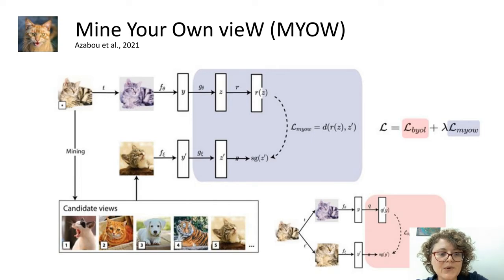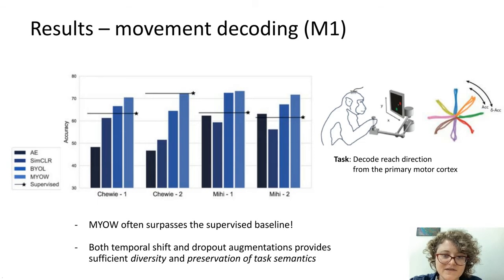Okay, so that's the overview of this general approach for self-supervised learning. And now I will dig into the results and the application of this idea in two different settings in neuroscience.